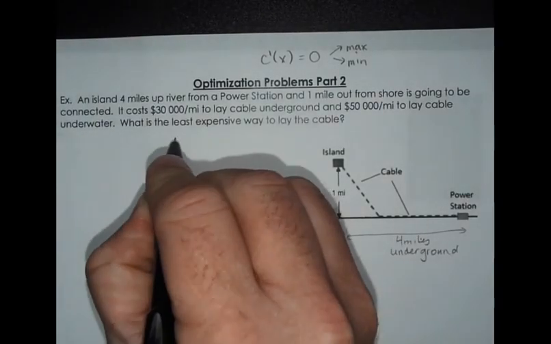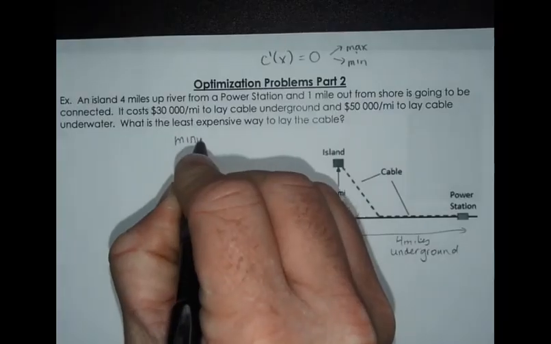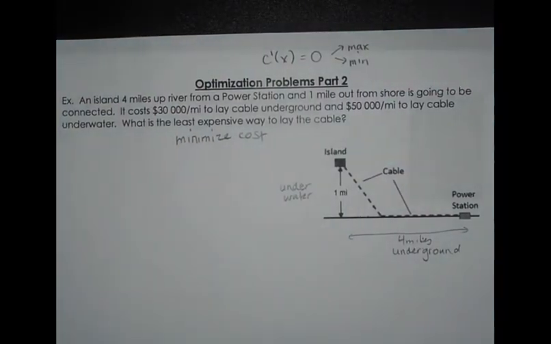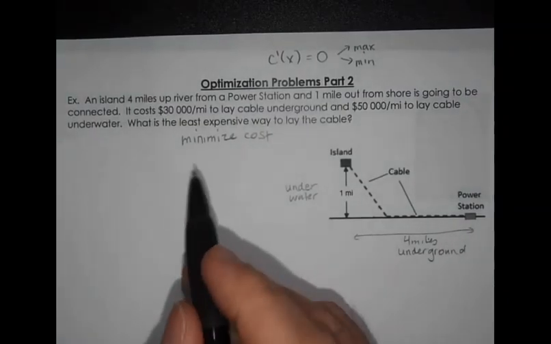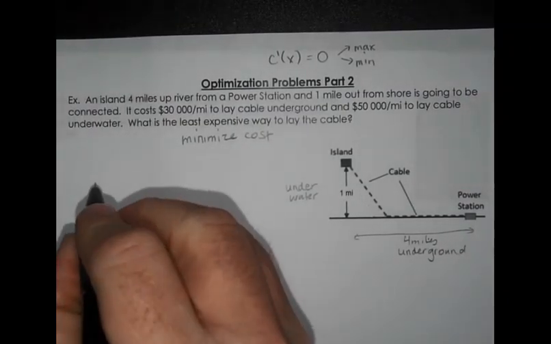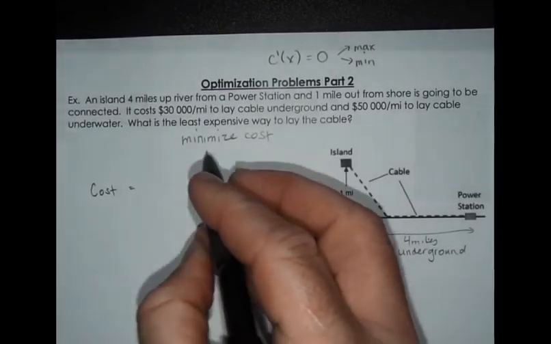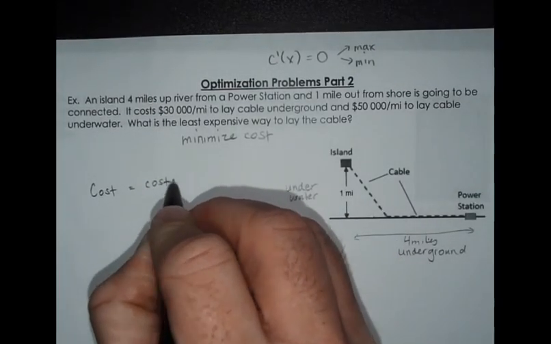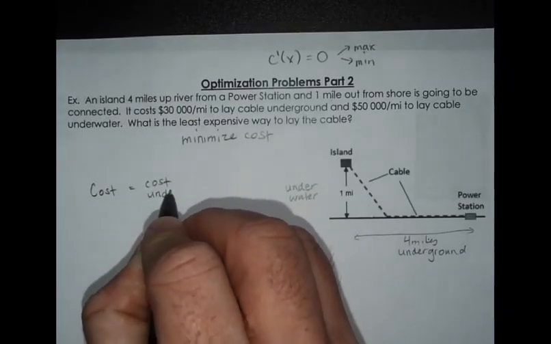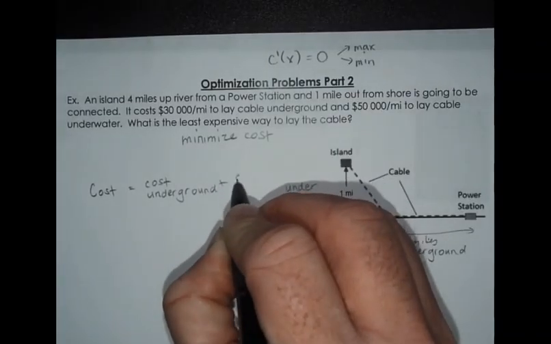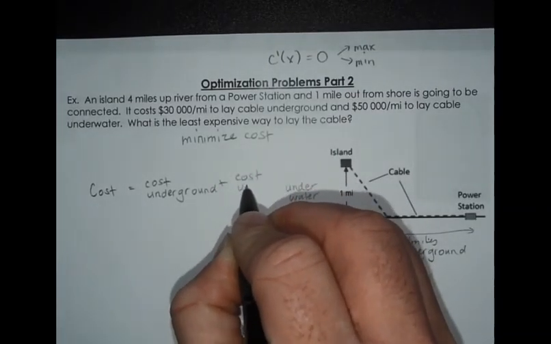So we're going to look at the idea of trying to minimize our cost. So first of all, we have to make an equation. The cost of this is going to be two parts: the cost of the underground plus the cost of the underwater.